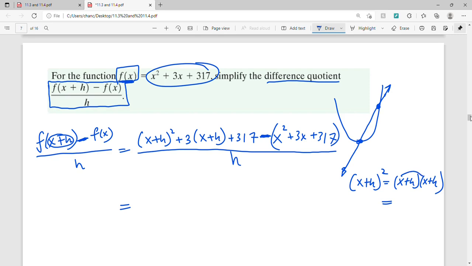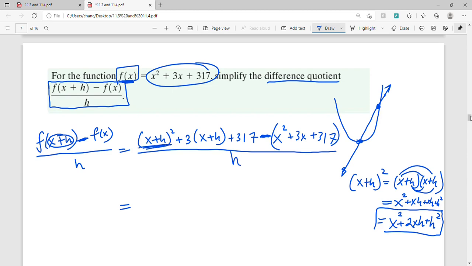And if you were to FOIL this out, you get x squared, xh, another xh, and then h times h, that's going to give me h squared, which simplifies to x squared plus 2xh plus h squared. So there's a lot of work to get this. But we can use that over and over.